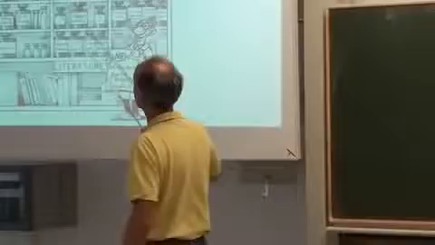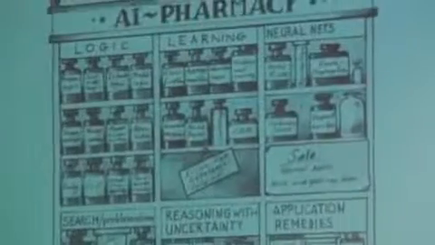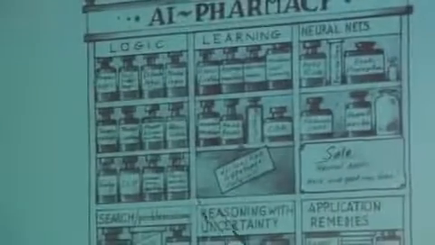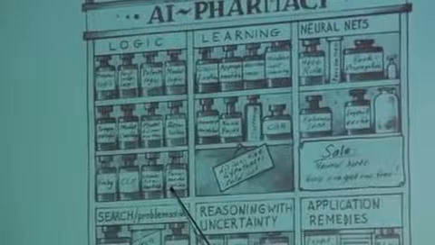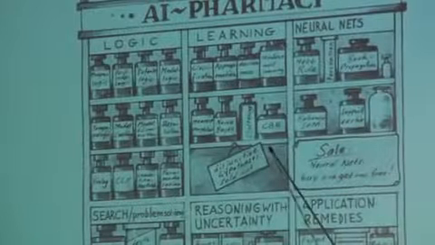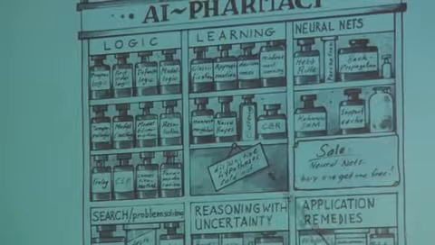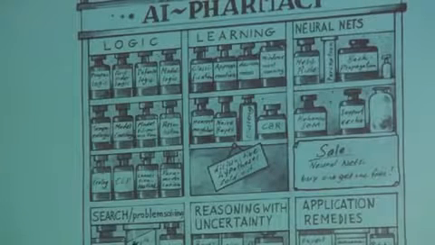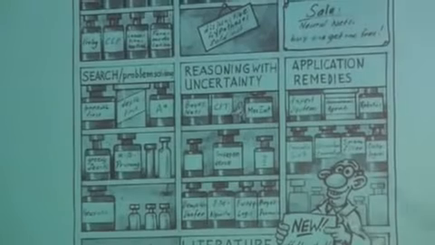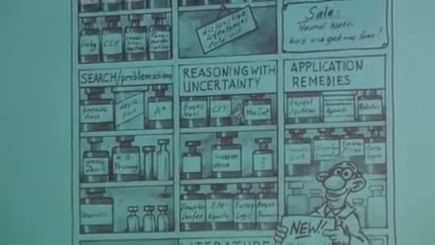You need fields like logic. And there are so many subfields in logic meanwhile, so logic is its own discipline. There is, of course, learning, machine learning. And there are so many different techniques in machine learning. There is this field of neural networks, search theory, reasoning with uncertainty, many different application areas, and so on.